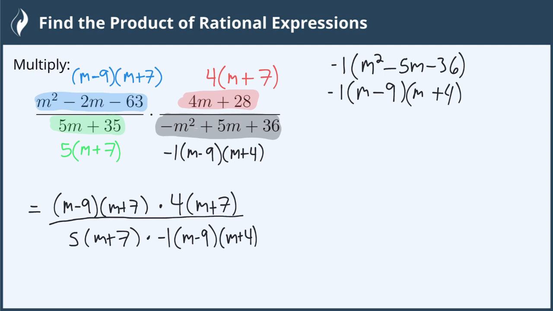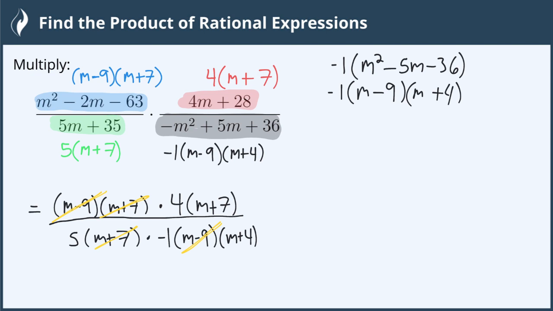Remember, if it's on the top and the bottom of the fraction, we can cancel both out. So for example, m minus 9 cancels here and here. And m plus 7 can cancel here and here. Nothing else cancels in this case.